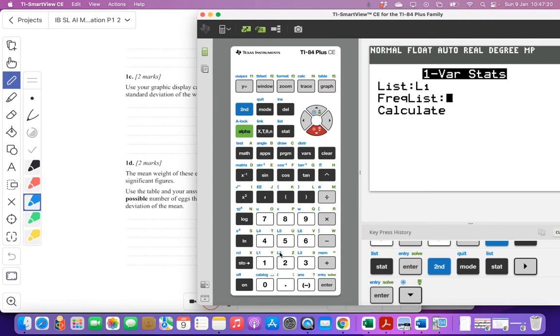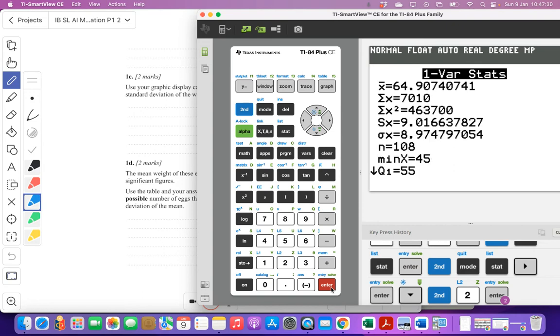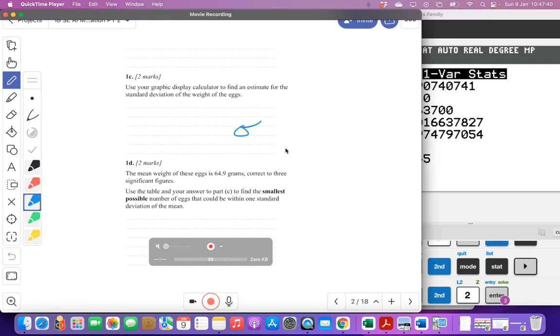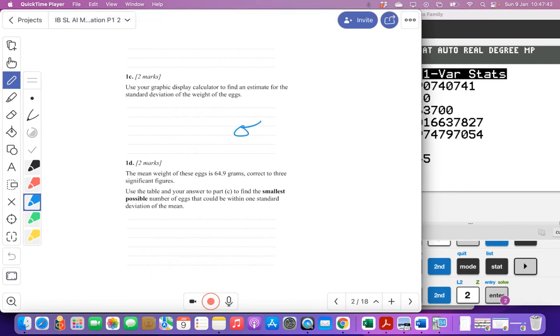That's down here in blue, second 2. The calculator basically finds all the differences from the mean. So I get an answer here of 8.97 grams.